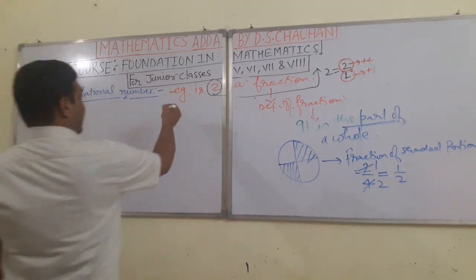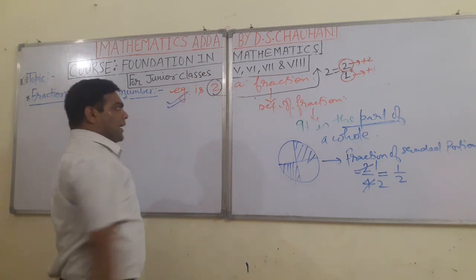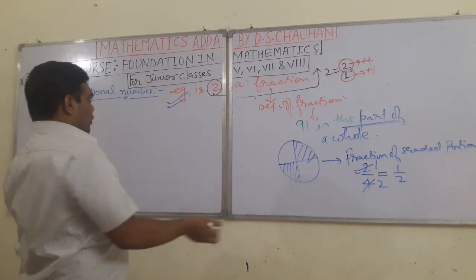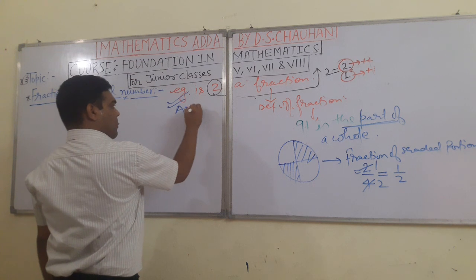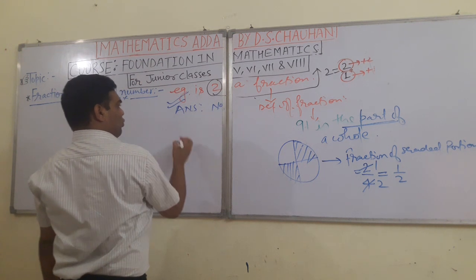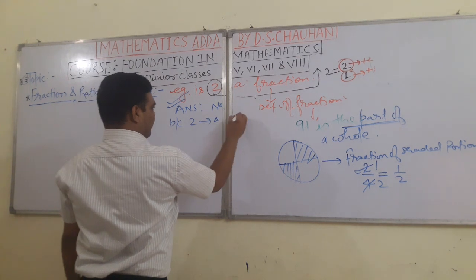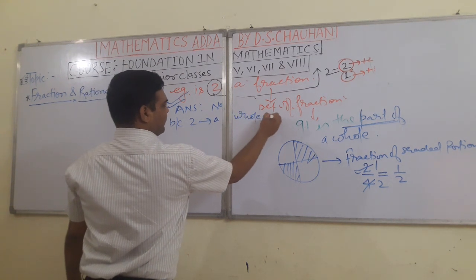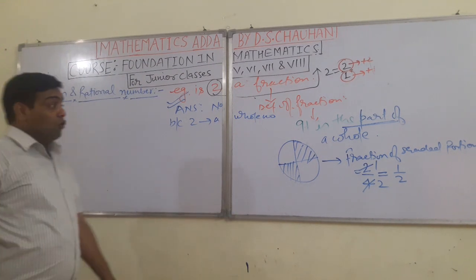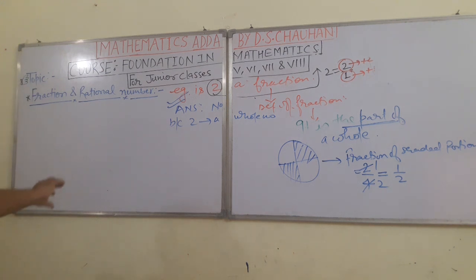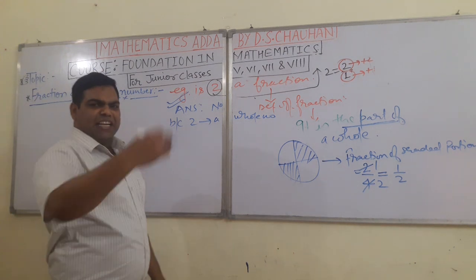My question is, is 2 a fraction? Your answer will be no. Answer no, because 2 is a whole number, not a fraction. So what can be the standard definition?